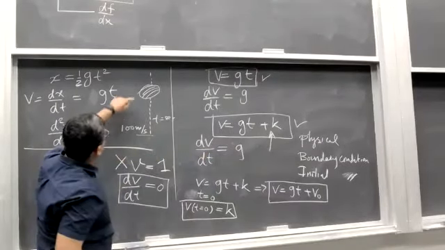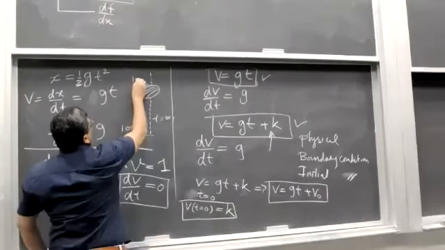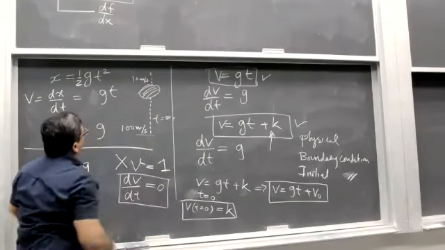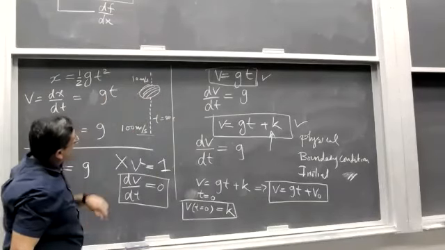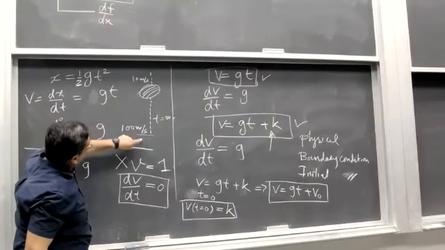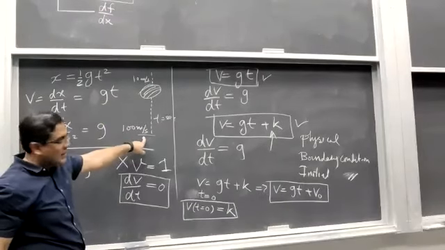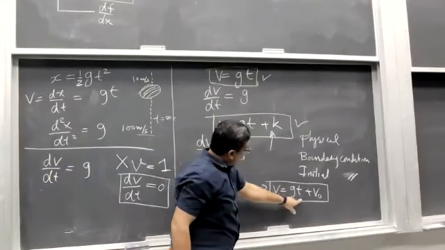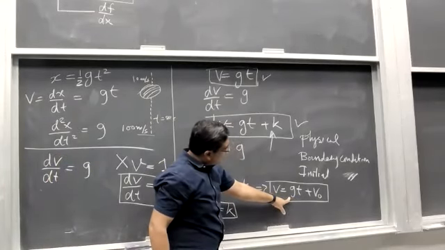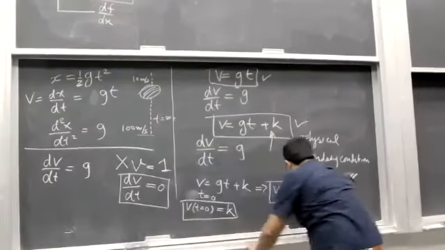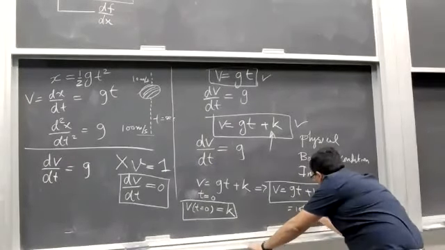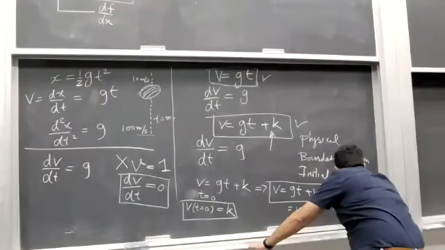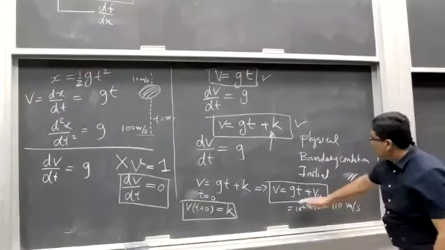So now if this object was falling at 10 meters per second at the time we started our observation, what would be its speed when it hits the surface of Earth? Well, in 10 seconds, at the acceleration 10 meters per second squared, it would be 100 plus 10, 110 meters per second. Now this is more general.